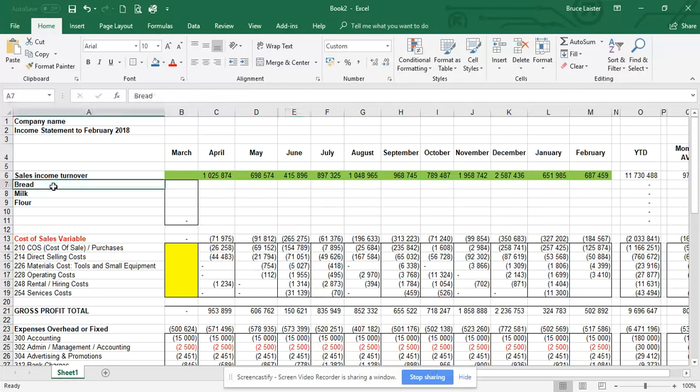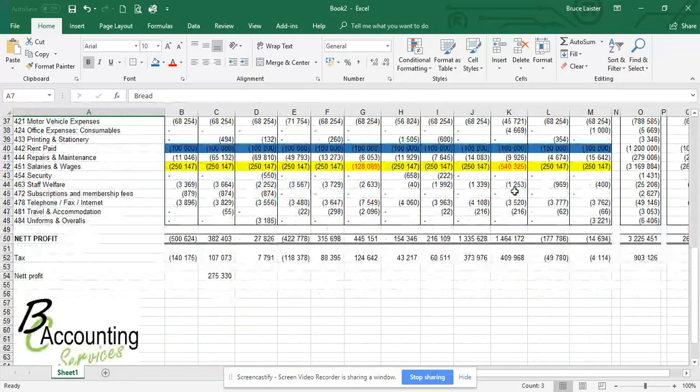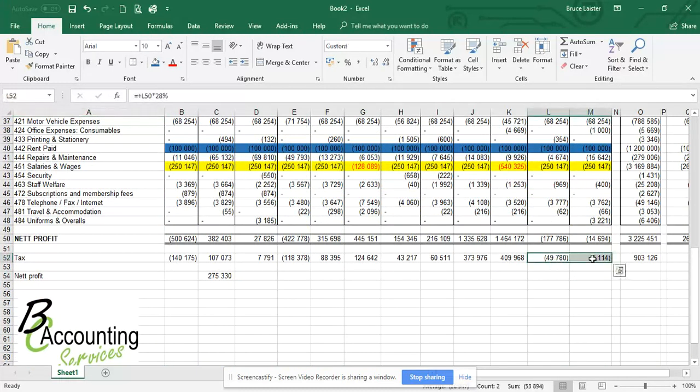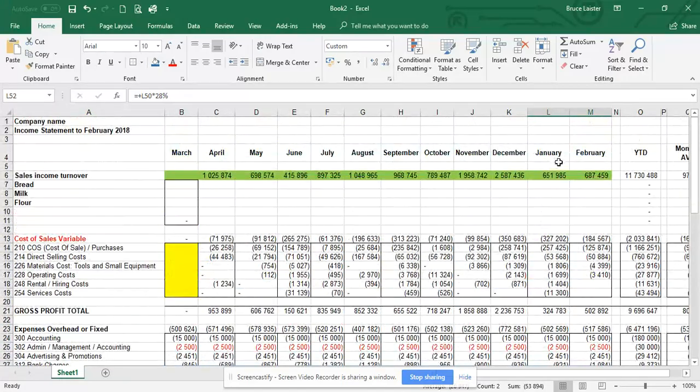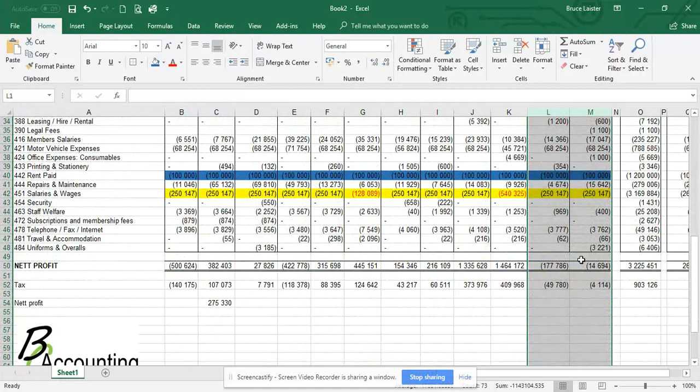If you think of bread and milk and flour, it's the end of the year and people are using it more often, etc. So it's a big difference. And also then the following months, January, February, here sales are down. It's been a very bad time for certain companies, and you can see that reflected in the net profit.